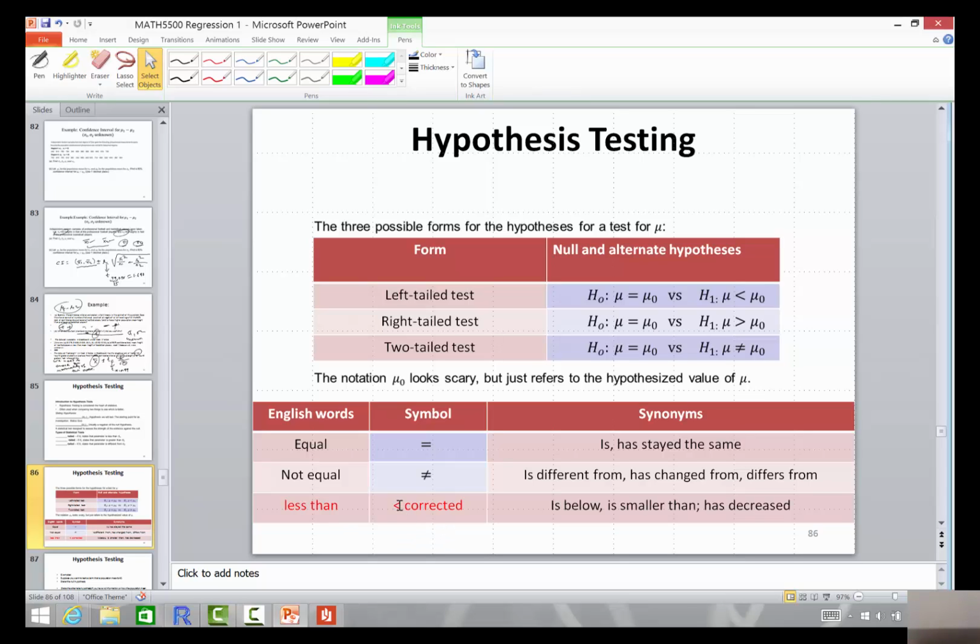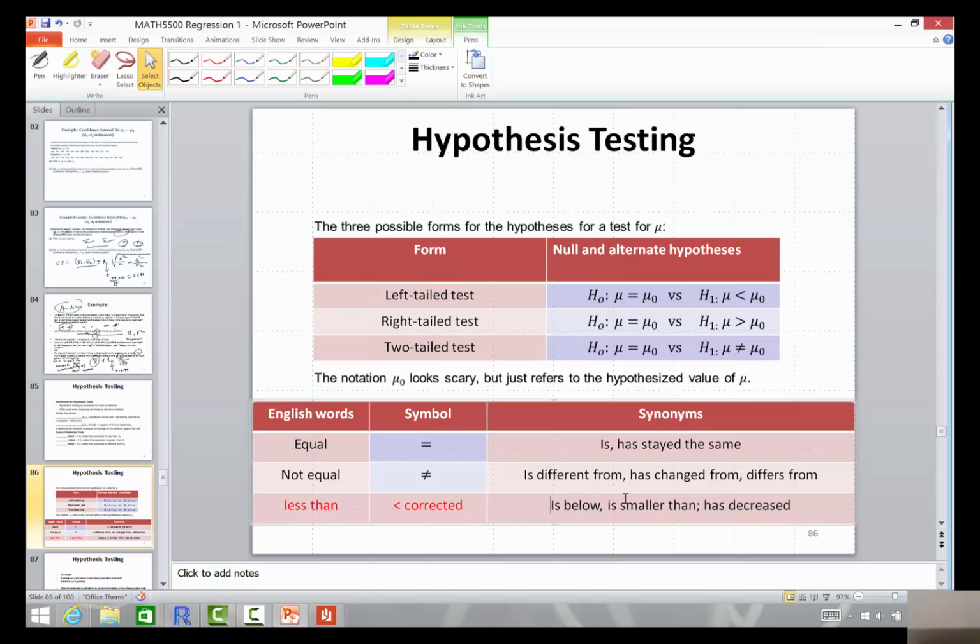And then here was some problem in the PowerPoint slide I gave you, that is the less than symbol. If there is a greater than, there would be the greater symbol. Less than is used when the problem says is below, is smaller than, or has decreased. If the problem says these things, that means less than.